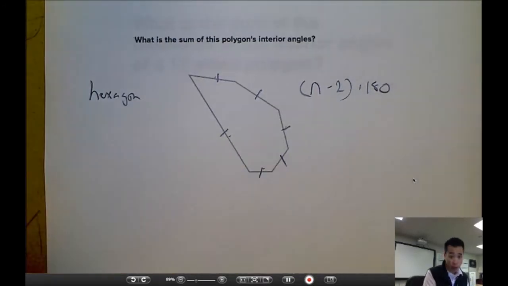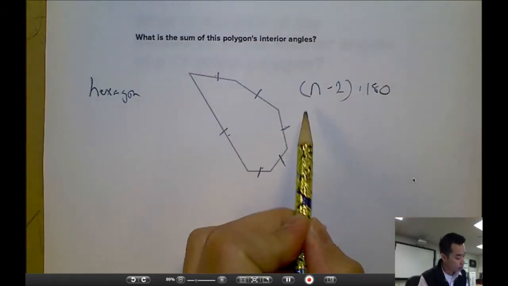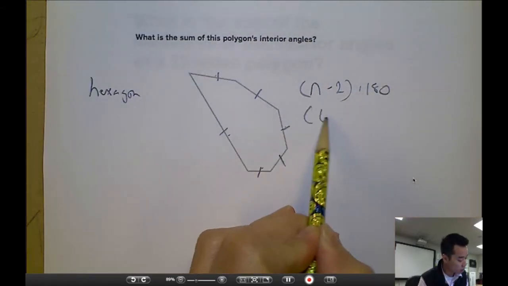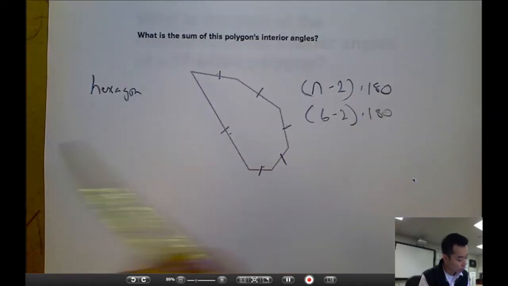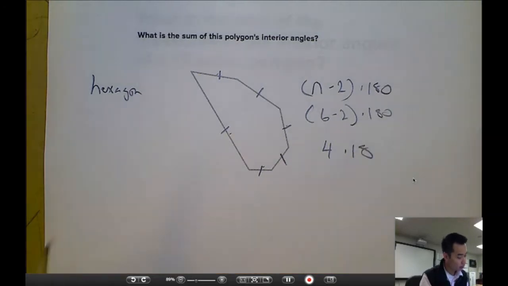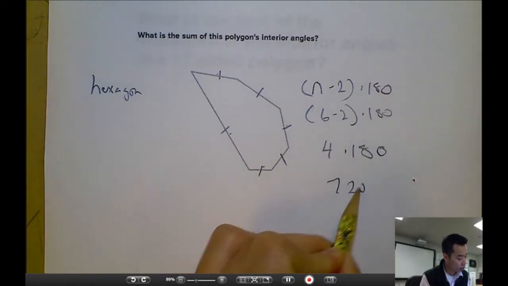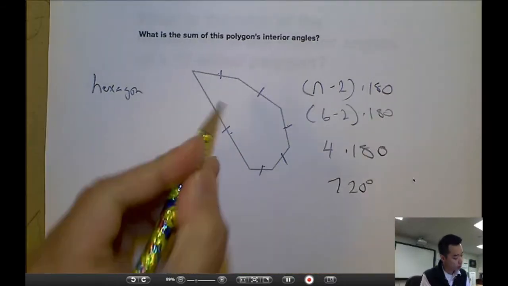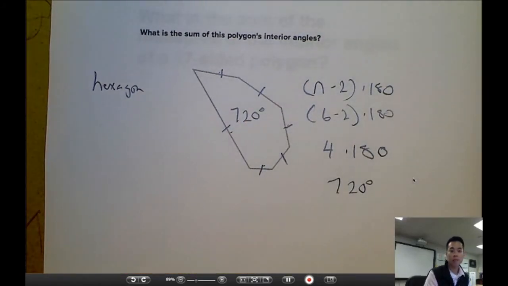This is an irregular polygon because all the segments are not congruent. So then we put it into the formula, 6 sides minus 2 times 180, 4 times 180. Okay, and then here we have 720 degrees. So the sum of this would be 720 degrees.